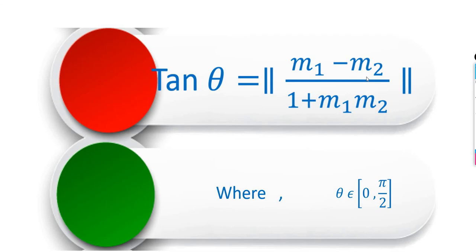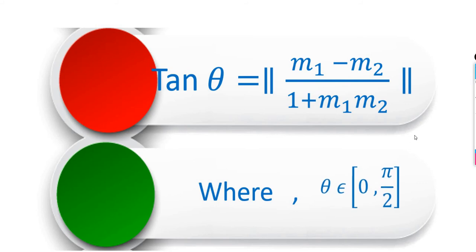The rule is m1 minus m2 over 1 plus m1 m2, where theta belongs to the closed interval 0 to pi over 2, between 0 and 90.